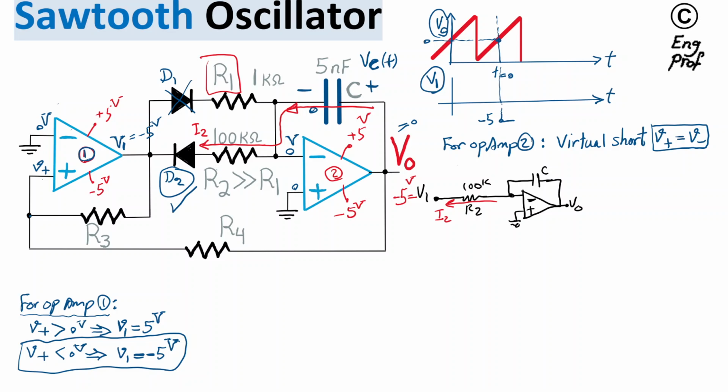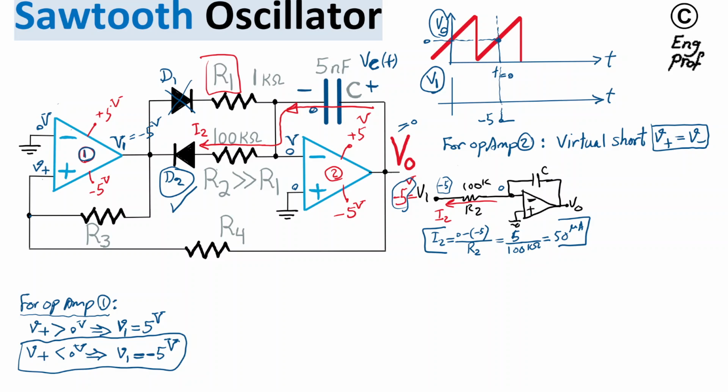As a result, with 0 on one side and negative 5 across this 100K, this current I2 is flowing, and I2 is simply 0 minus minus 5 divided by R2, or basically 5 divided by 100 kilo ohm, which is 50 microamp. So that's the value of I2.